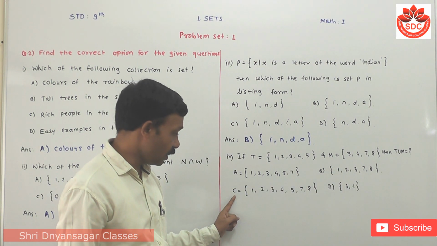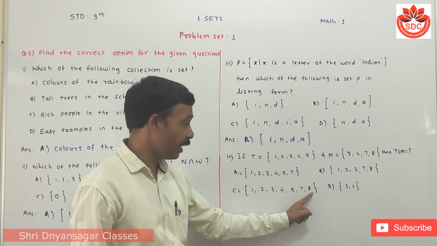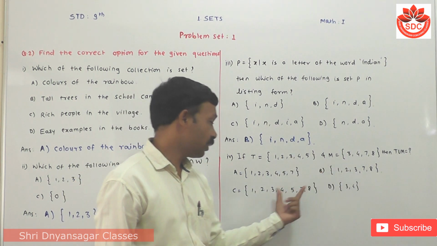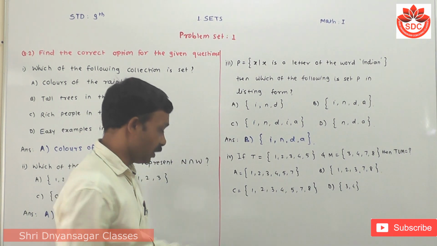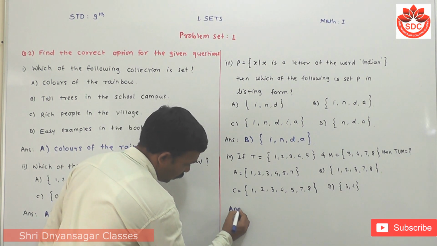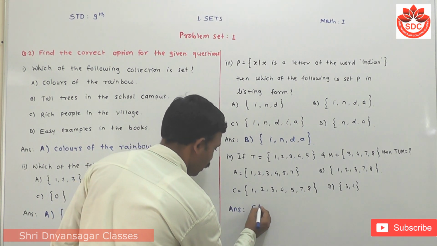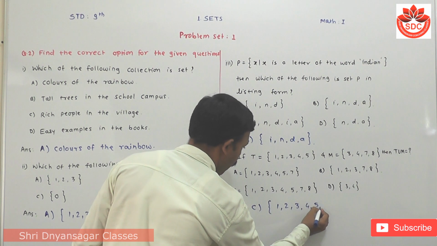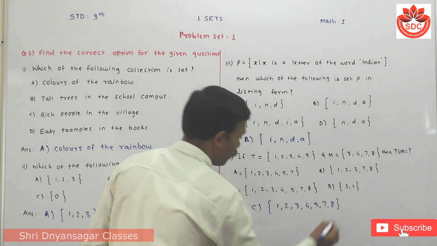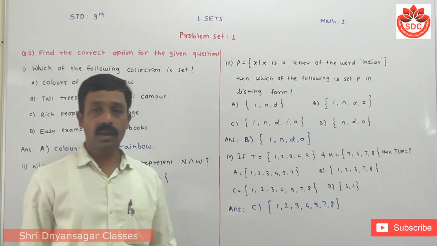But when you observe this, 1, 2, 3, 4, 5, 7 and 8, all elements are taken together here, and this is also not the answer. So the answer is C. So write the answer C in curly brackets: 1, 2, 3, 4, 5, 7 and 8. Can you understand this question? We see the next question.